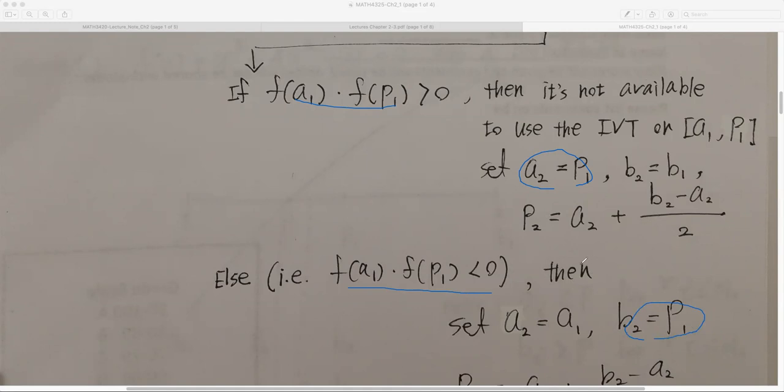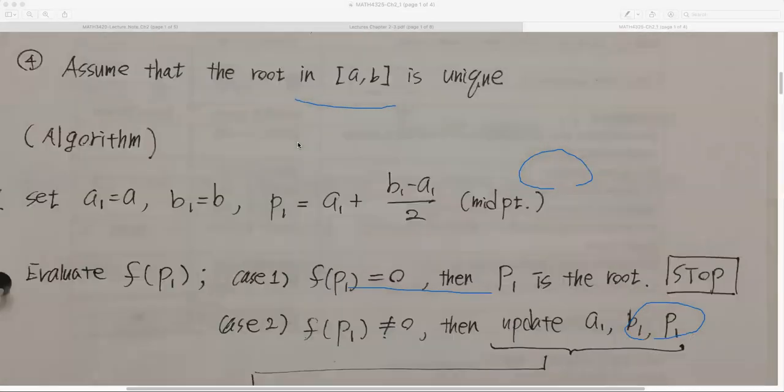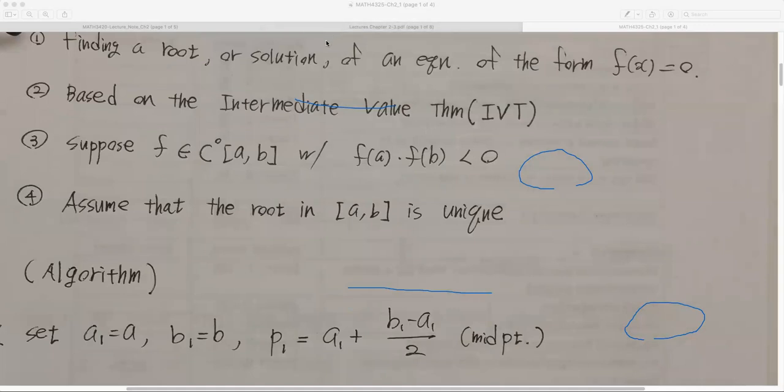Otherwise, the assumption of the intermediate value theorem, this additional assumption, will not be satisfied. That's why we have to update a, b, p so that this assumption is kept satisfied. Keep that in mind.